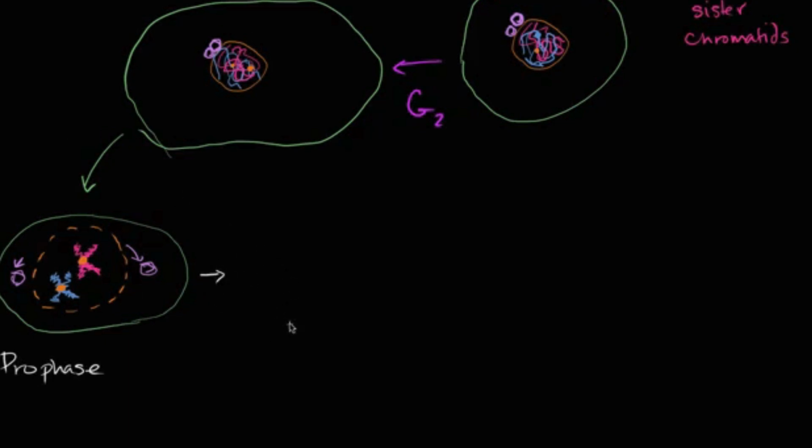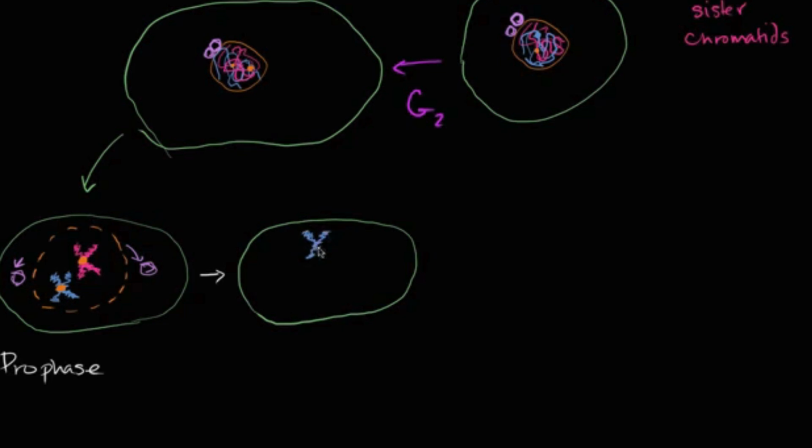Now in the next phase, let me draw my cell again. I drew it in that same green color. In the next phase, your nuclear membrane is now gone, and the chromosomes start lining up in the middle of the cell. So you have the blue one right over here. The blue one, that's one sister chromatid.